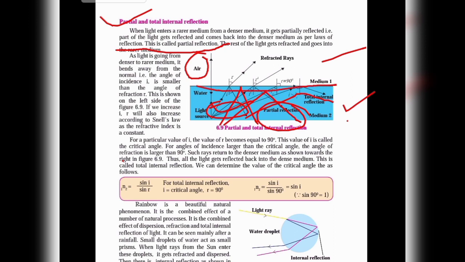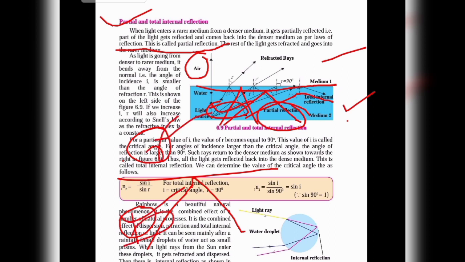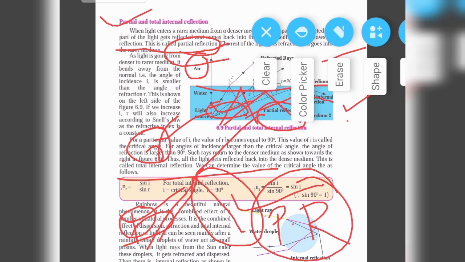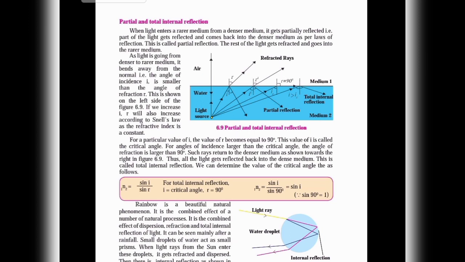That means some part of light comes back when it passes from the denser medium to the rarer medium, and that part is called partial reflection. Remember this point, everyone.